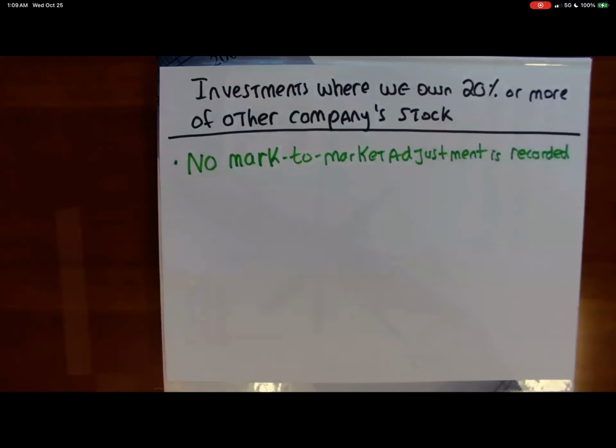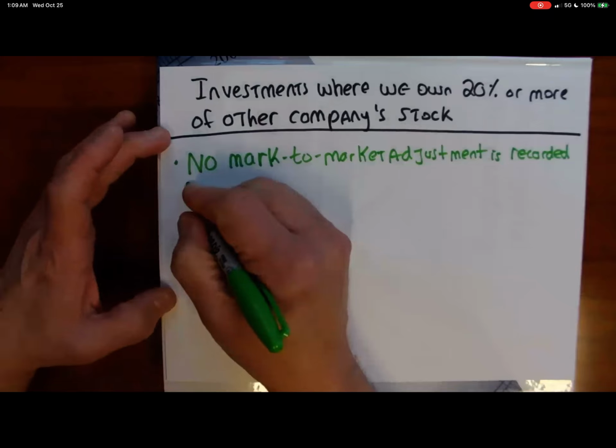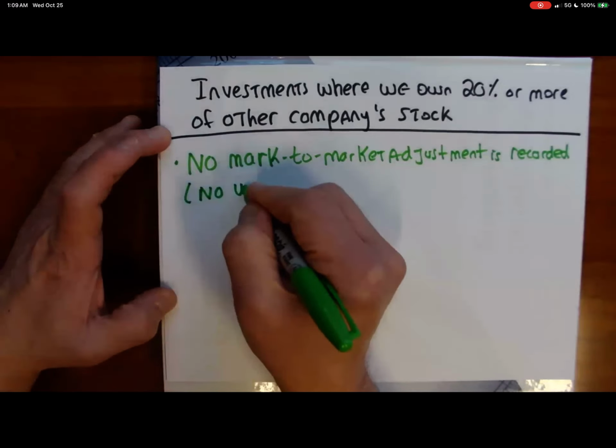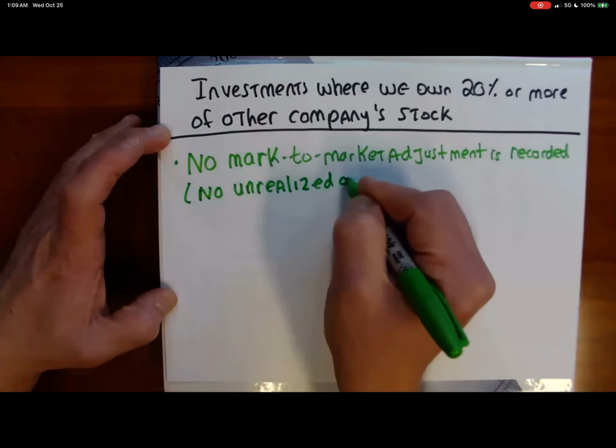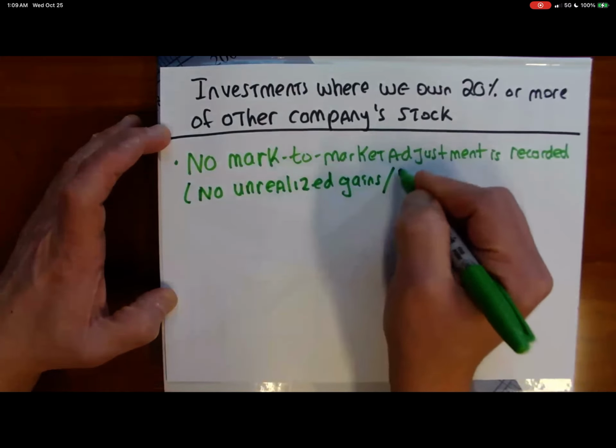And because we are not recording the mark to market adjustment, when we own 20% or more, there will be no unrealized gains or losses. The unrealized gains or losses come about as a result of the mark to market. So I'd like to maybe add that. There will be no unrealized gains or losses.